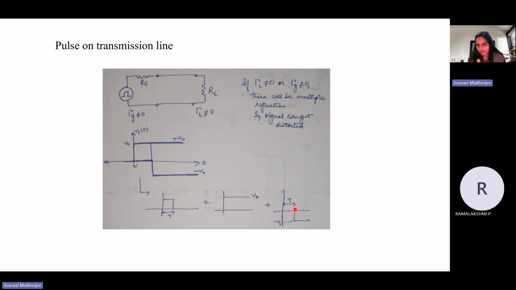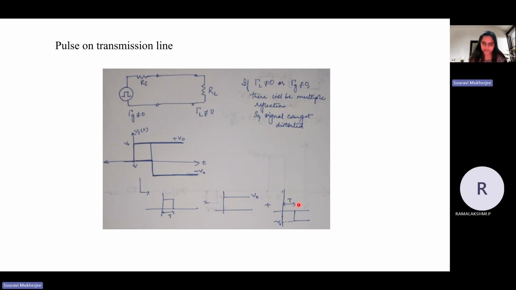So from point T, what happens? This becomes zero, and this becomes minus V naught. So this is V naught, this is minus V naught, they cancel, and the net voltage turns out to be zero, anything beyond capital T, right? So now you can consider a pulsed signal as a combination of these two signals: a constant V naught, and a minus V naught that starts after a time T, where T is your pulse width.